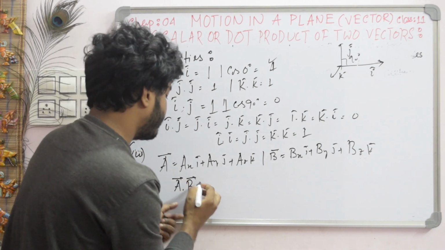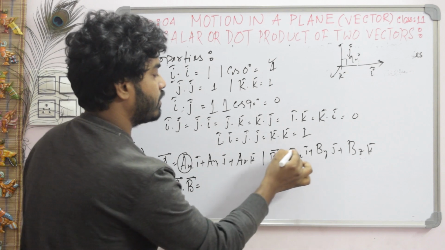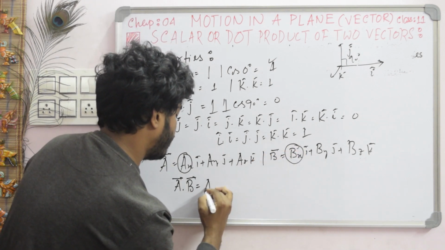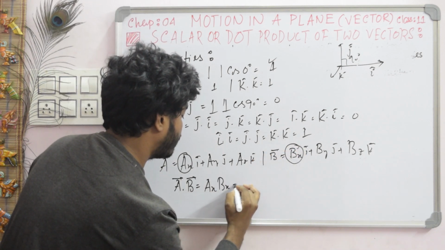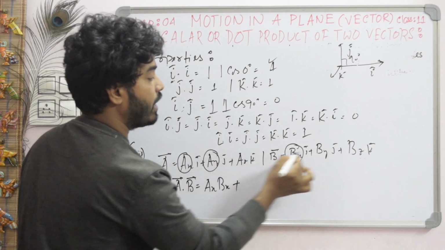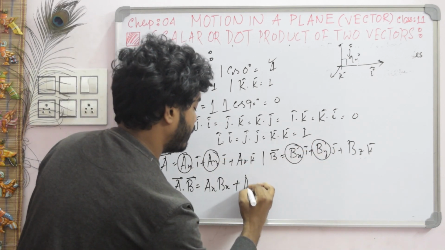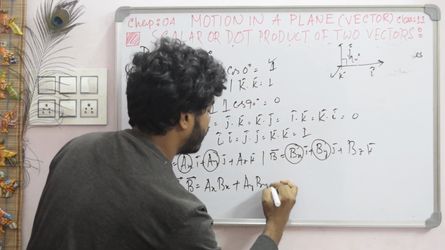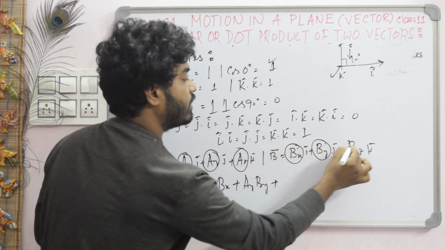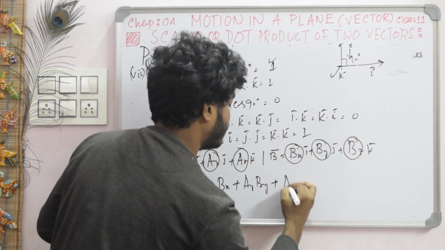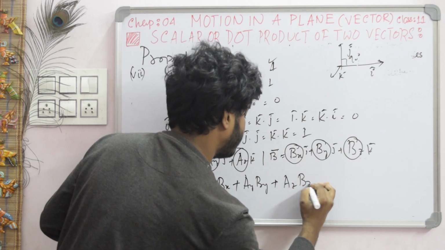The answer will be ax bx plus ay by plus az bz.